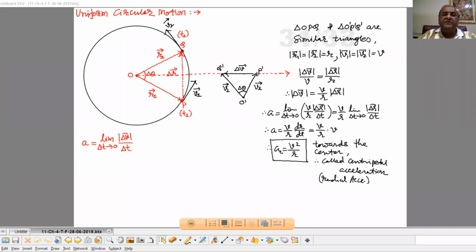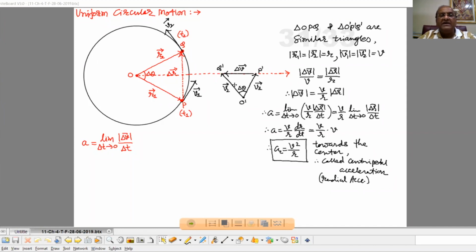If we take the vector P dash Q dash, that will give you delta v, the change in velocity. Now here we can easily understand the direction of delta v. If we think about the direction, it is towards the center of the circle. So the triangle O dash P dash Q dash is prepared, and the triangle formed here is OPQ.